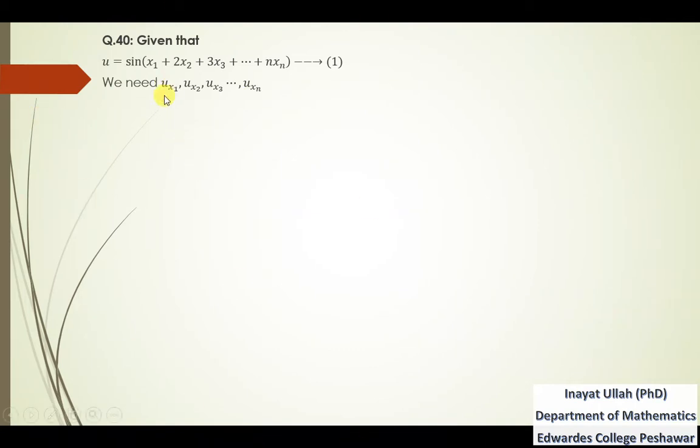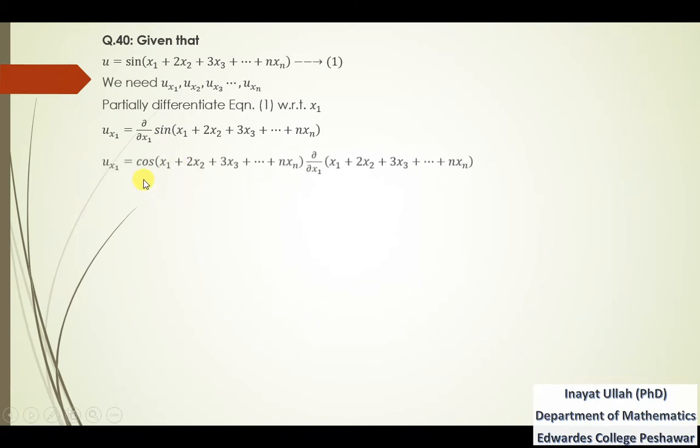So for ux1 we need to differentiate partially equation 1 with respect to x1. So ux1 is equal to del by del x1 of this whole function. Now that is actually the angle of this sine, that is u, actually sine u. So what is the derivative of sine u? That is cos u, this whole u, and to further derivative of this u. Now that is the further derivative of this angle, and we see that this derivative is partial with respect to x1.